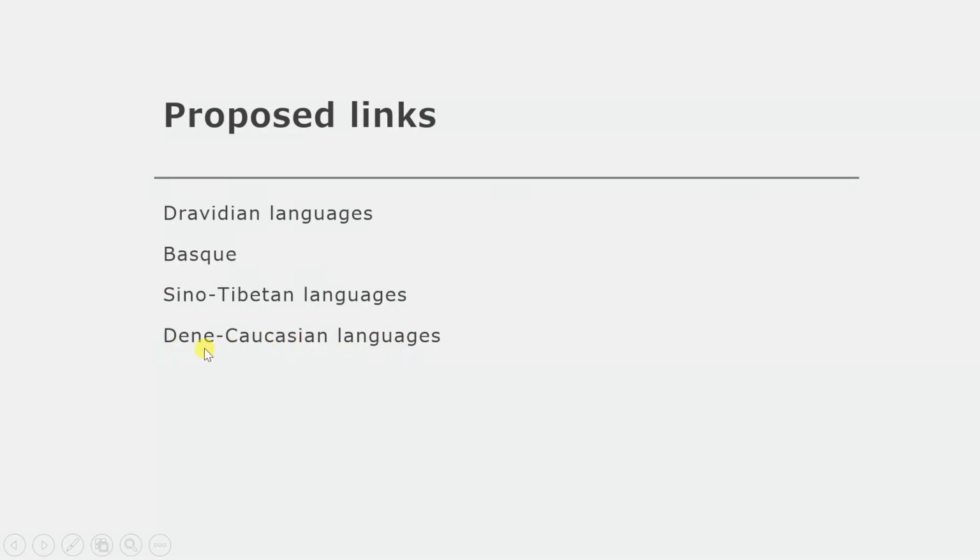So Dene languages would include Navajo, and Caucasian languages would include Georgian, spoken in modern Georgia, south of modern-day Russia, sort of in the broad area of ancient Mesopotamia. It's very close physically, the Caucasian languages like Georgian, although the Dene languages are not. This is an interesting one. I'm not sure that there's tons of support for this one.